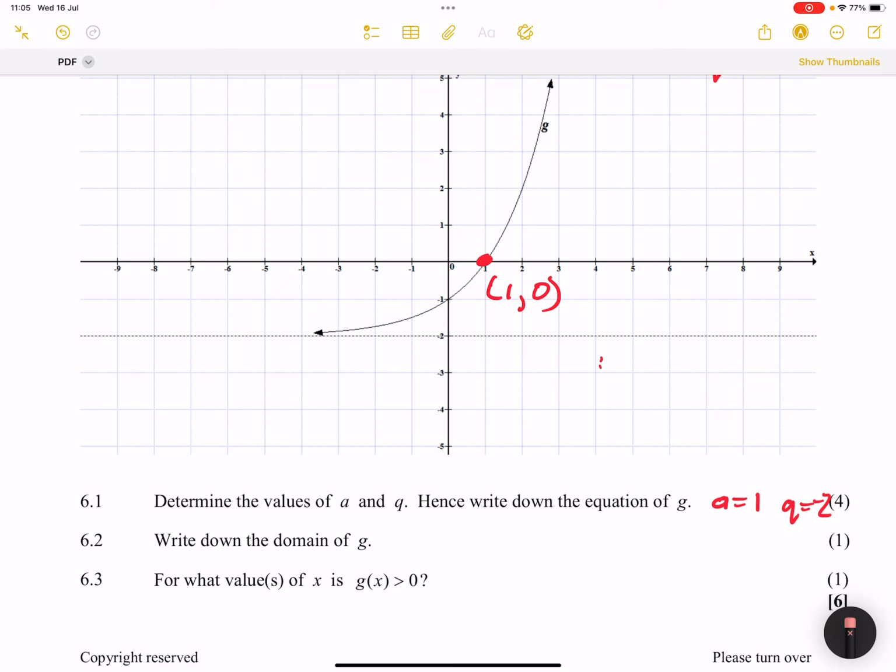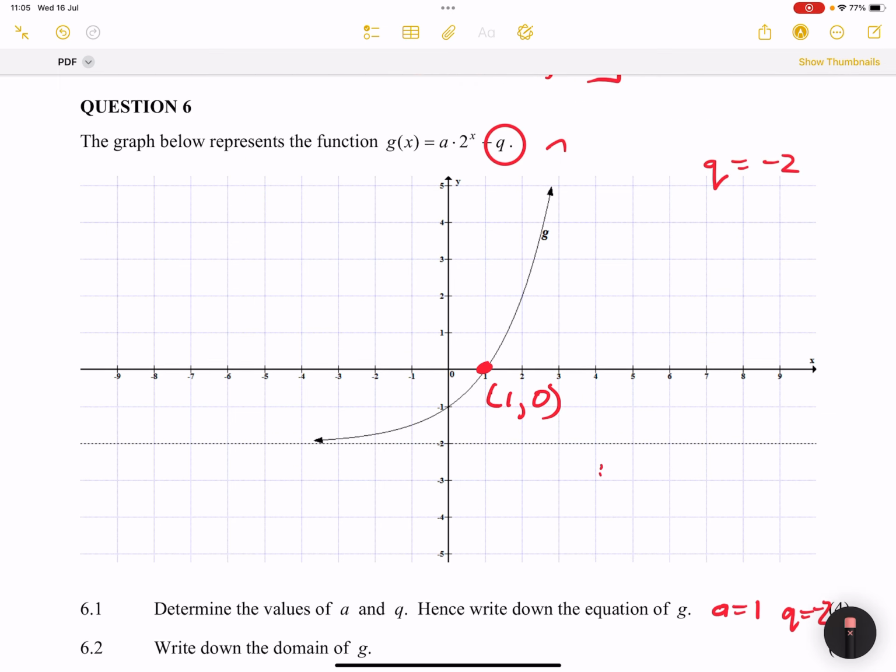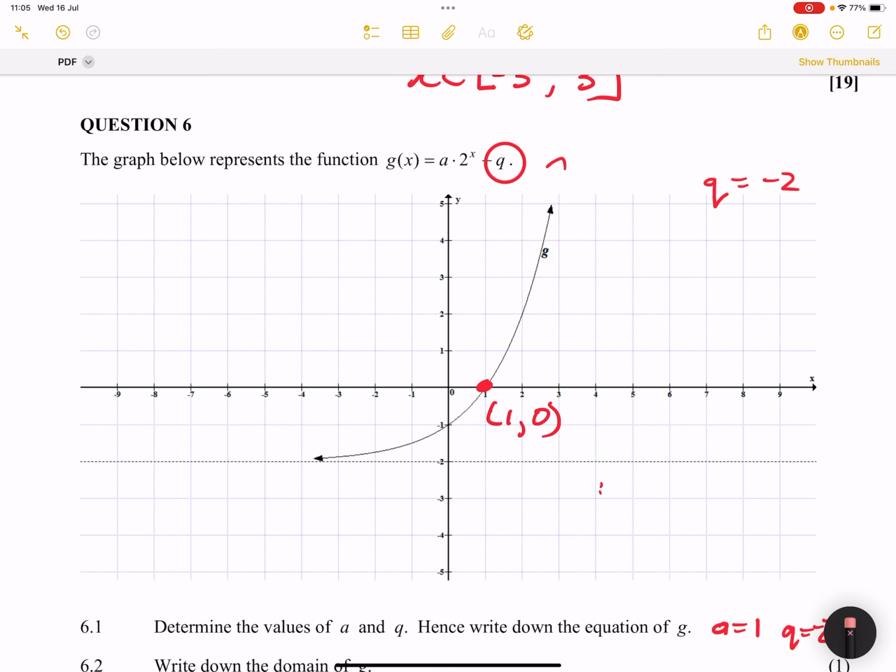Now they say to us, write down the domain of g rather. So what is the domain in this case? Where does this graph exist, right, in terms of the x? So remember that it will continue all the way till -infinity, and it will continue all the way till +infinity.